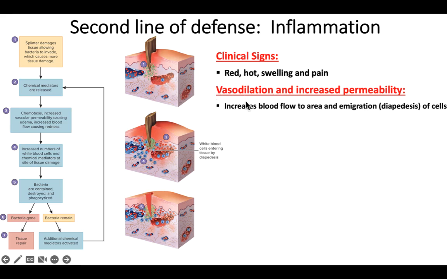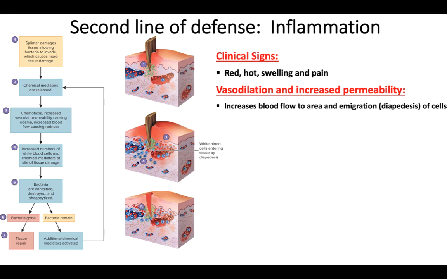So the blood vessels get bigger, and that's going to increase blood flow to the area. So now we're going to get a lot more blood flow there. The blood vessels also become more permeable. So things can get out of the blood a lot easier because what actually happens is the little endothelial cells will separate from one another. So now you can let things out of the blood much easier.